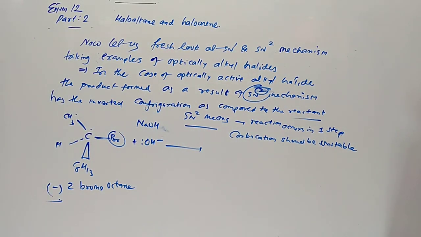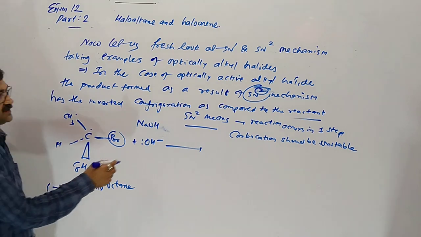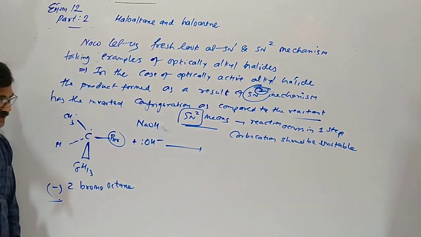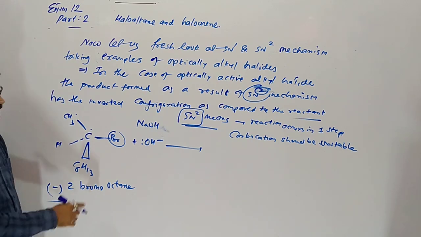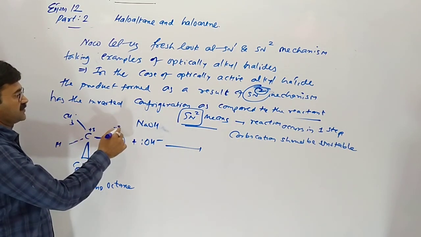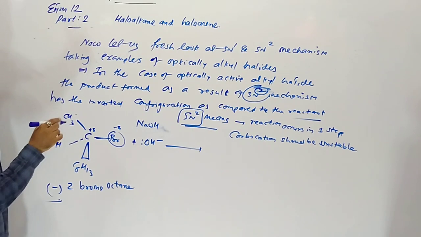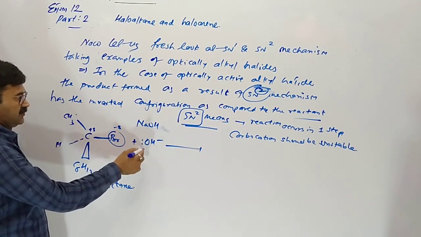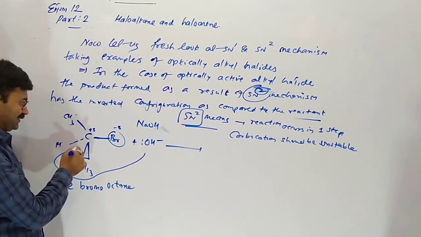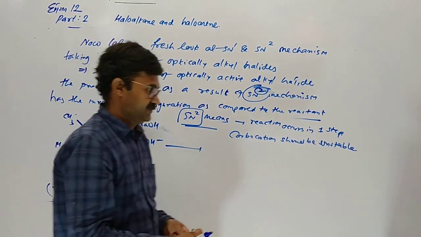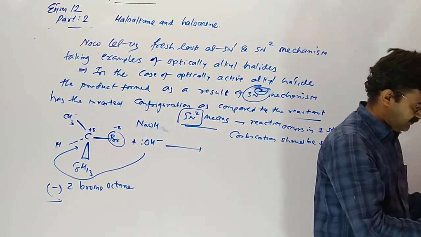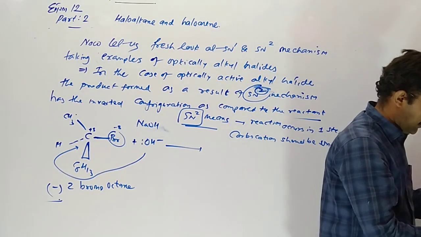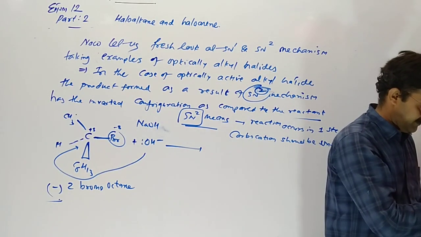Here our mechanism is SN2. It means the reaction occurs in only one step. So in the presence of bromine, the OH minus ion is entering.